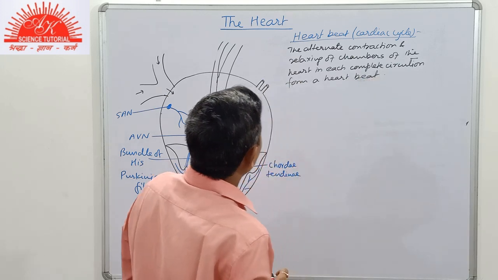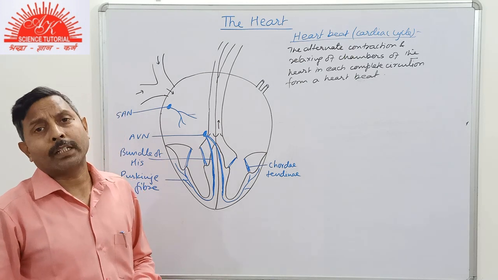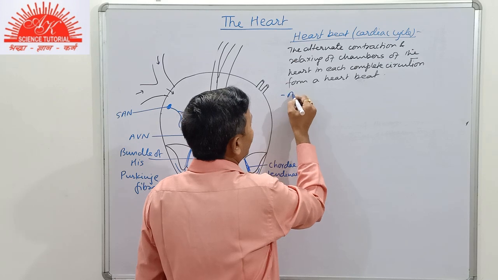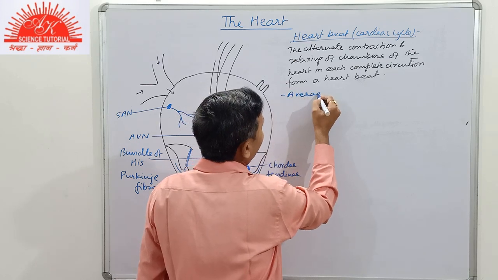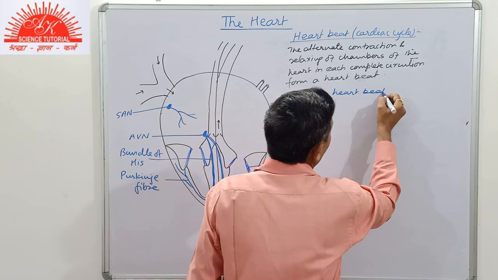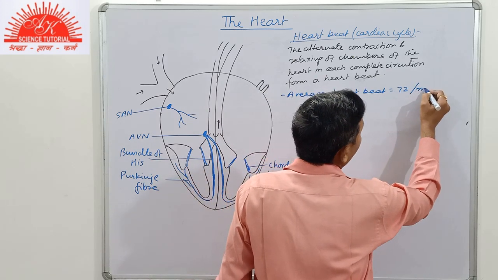Now generally we see that the average rate of heartbeat in an adult human is 72 per minute.